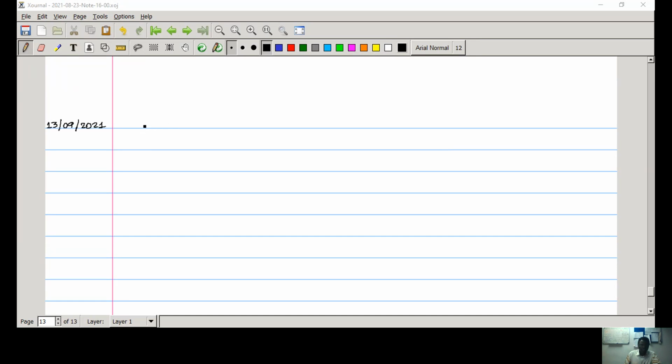R endowed with its usual topology is Hausdorff.